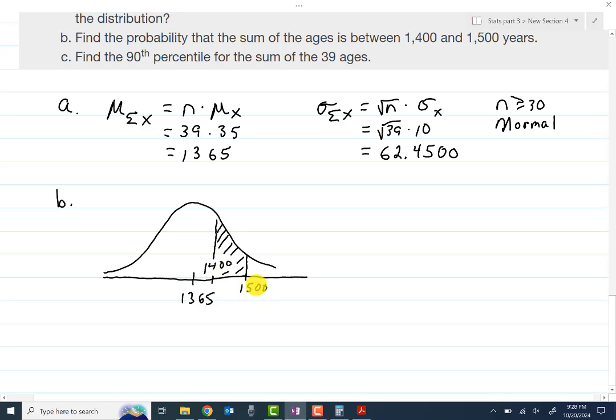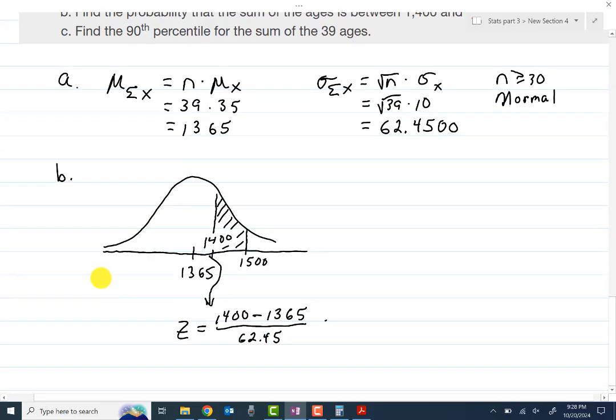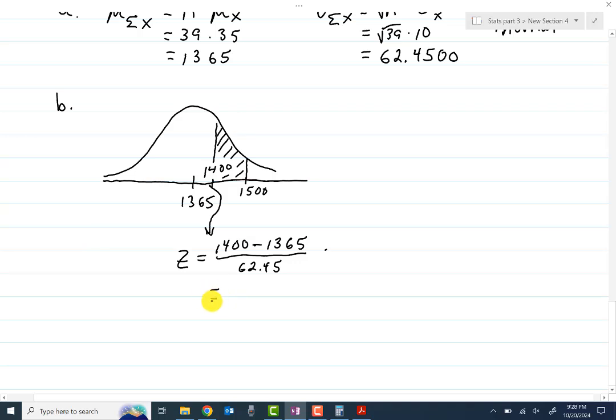All right, well, let's get the z-scores. Start with the 1400. This one over here, that'll be z equals 1500 minus 1365 divided by 62.45.